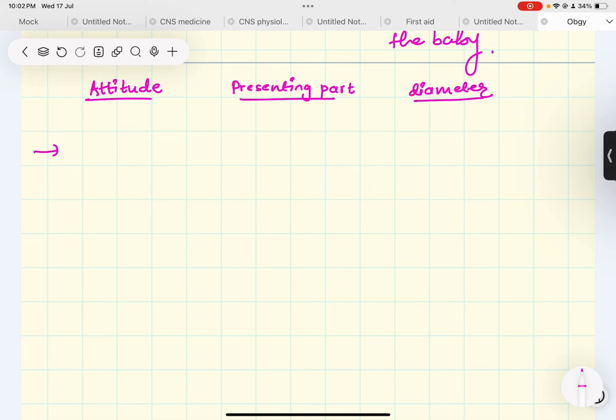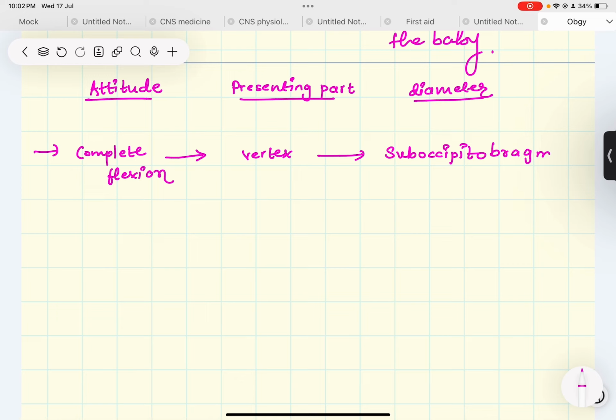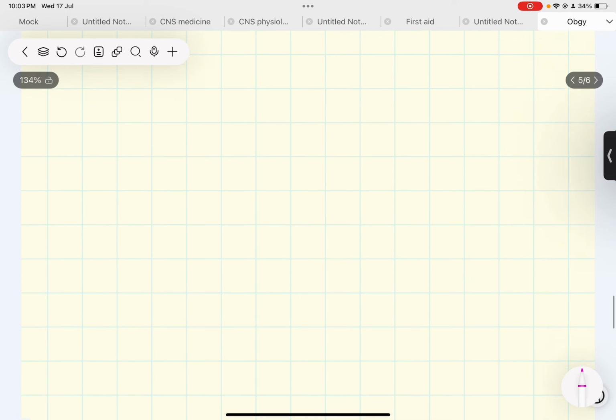So if the baby is well flexed, meaning complete flexion, then the presenting part will be vertex and the diameter will be suboccipitobregmatic, that is 9.5 centimeter. Now to understand this terminology we have to draw a diagram and understand that.